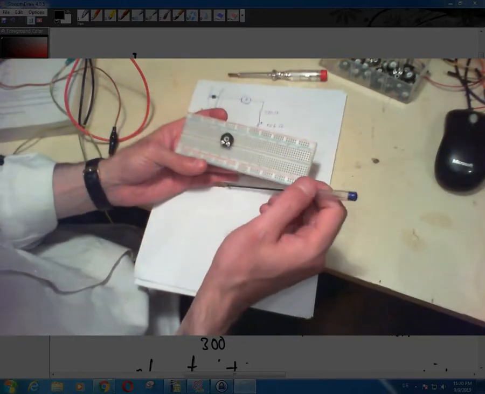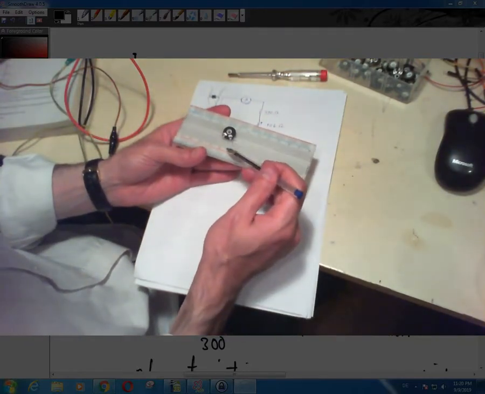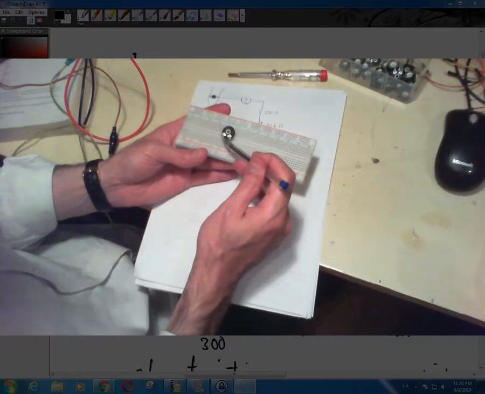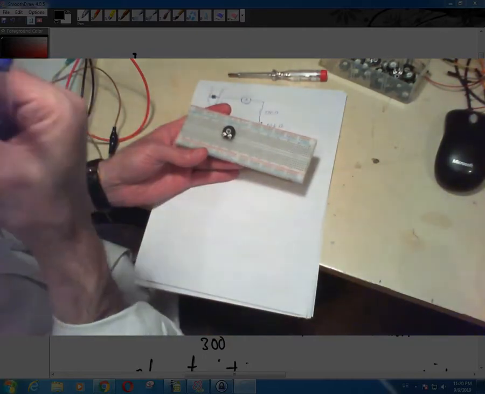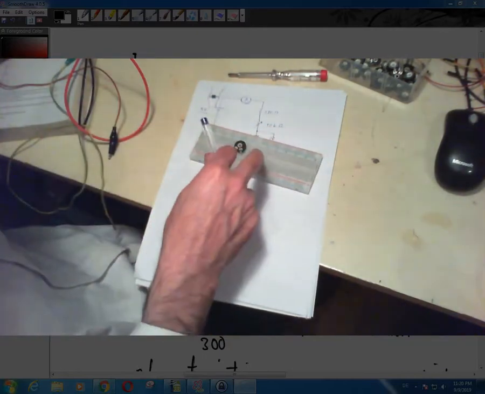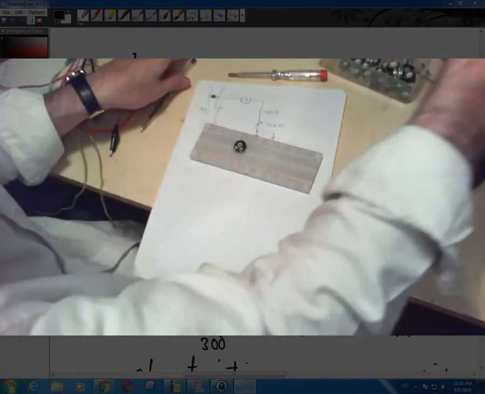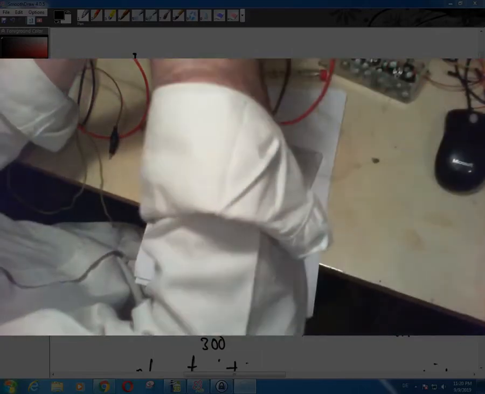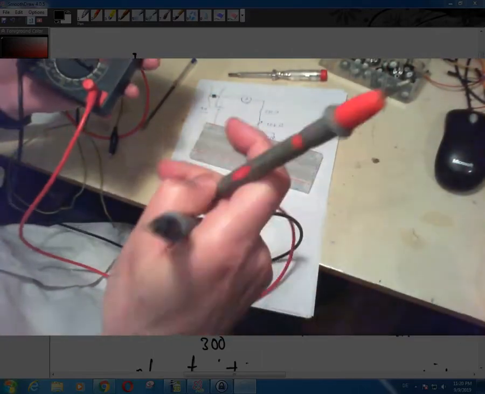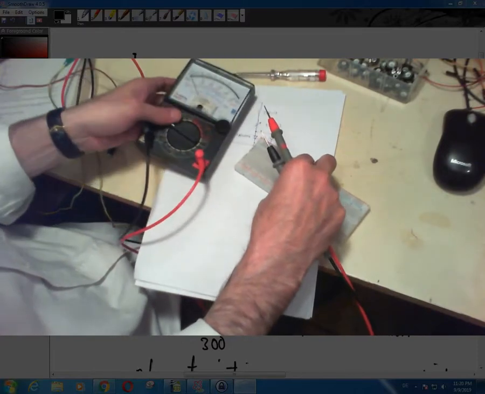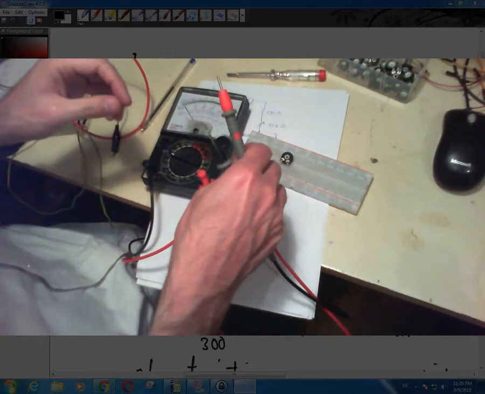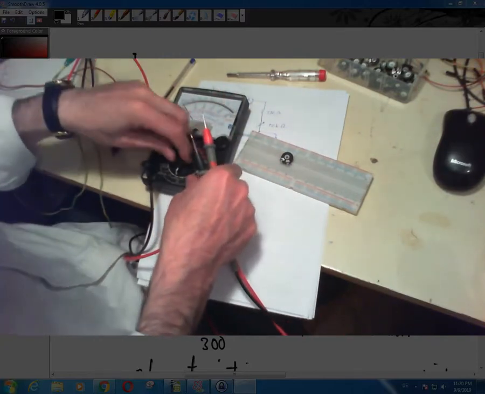I don't know if you can see properly, but there is a lead going in this column here, and there is a lead going in this column over here. The way this works is, if you take a multimeter, just for the sake of simplicity, I'm going to take an analog multimeter because it shows things much more properly.